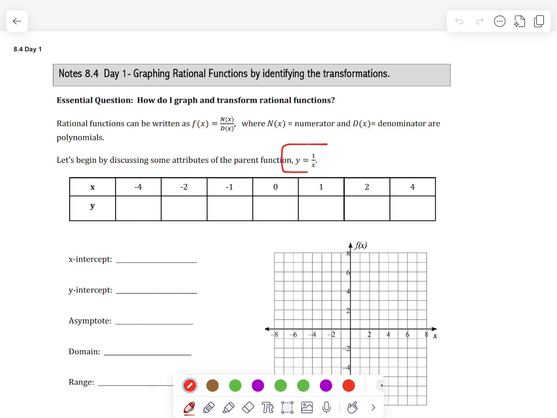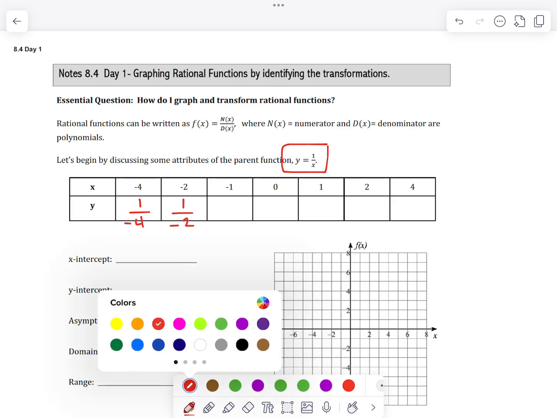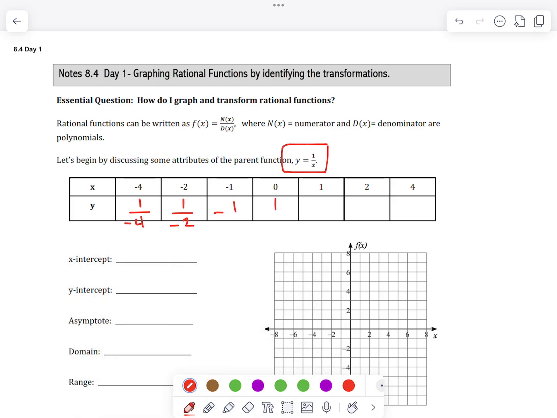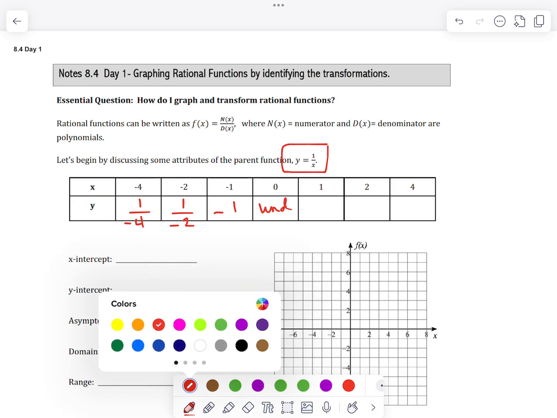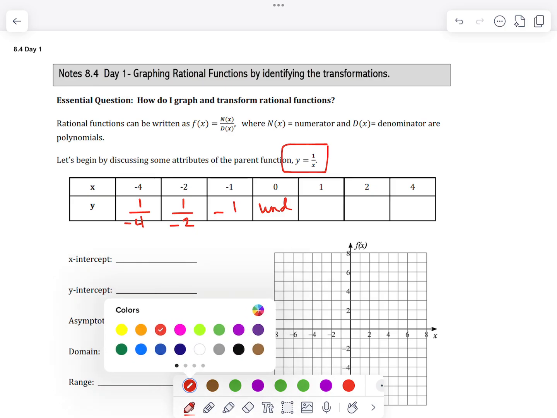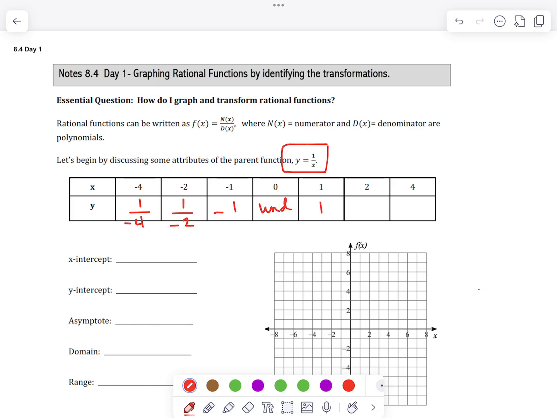So we substitute x in, and we get 1 over -4, 1 over -2, 1 over -1, which reduces to -1, 1 over 0, which is undefined, 1 over 1, which reduces to 1, 1 divided by 2, 1 divided by 4. So then we're going to graph those ordered pairs.